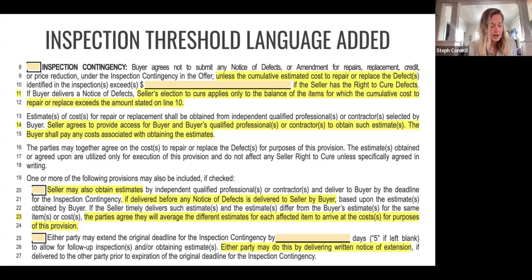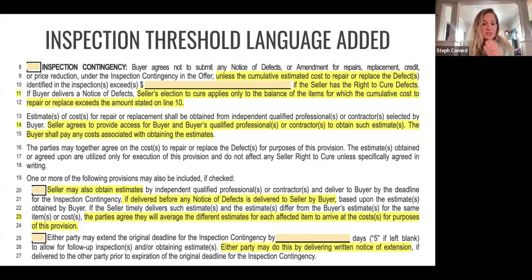So there are provisions for both buyer and seller within this. Seller is agreeing to give access, and buyer is agreeing to pay any costs associated. Parties may together agree on the cost to repair or replace the defects for purposes of this provision. The estimates obtained or agreed upon are utilized only for execution of this provision and do not affect any seller right to cure unless specifically agreed to in writing.